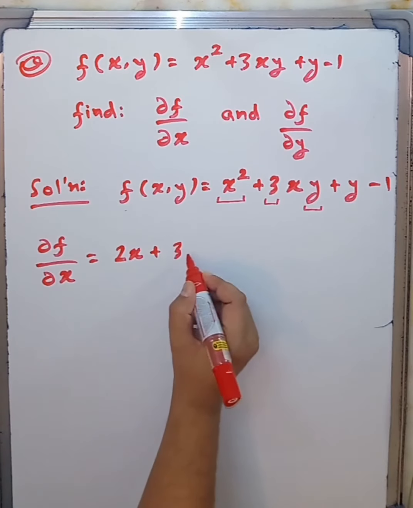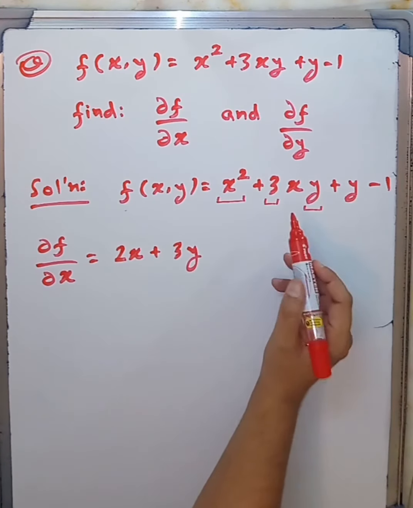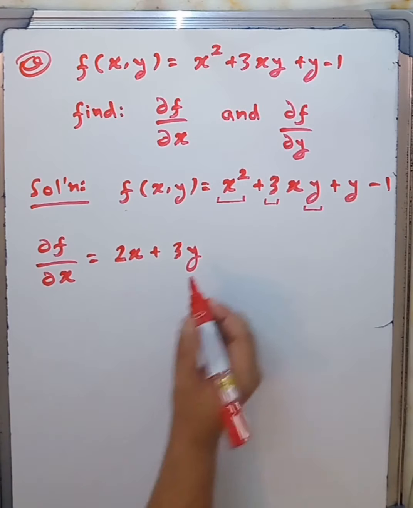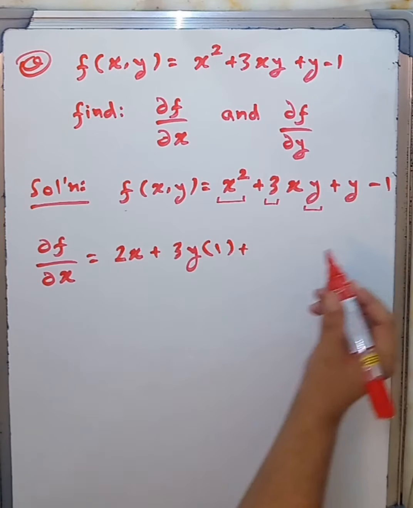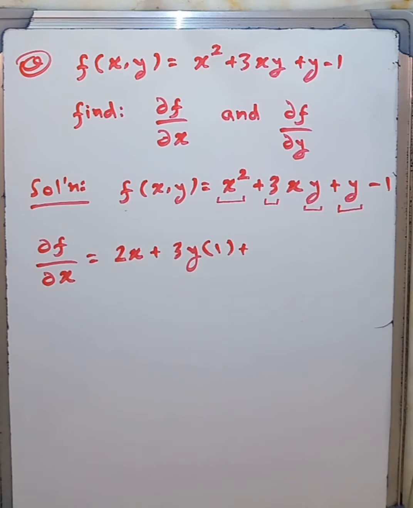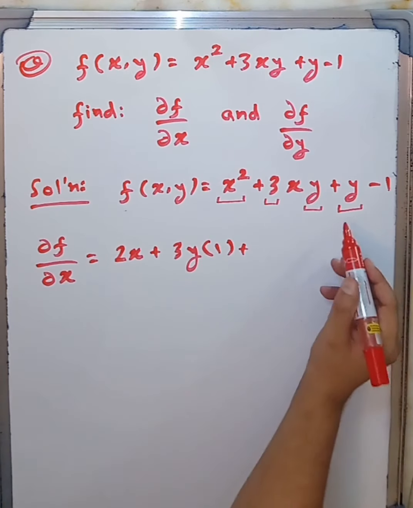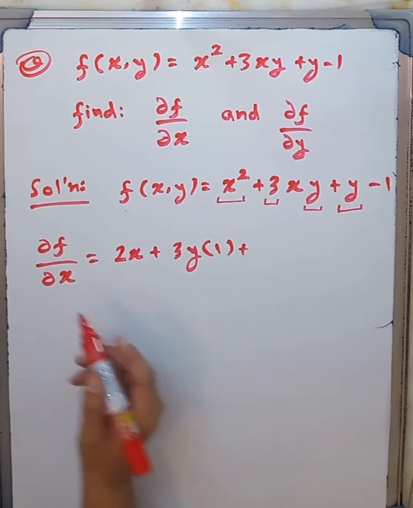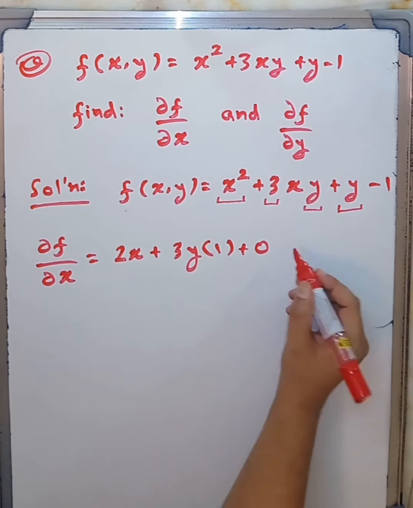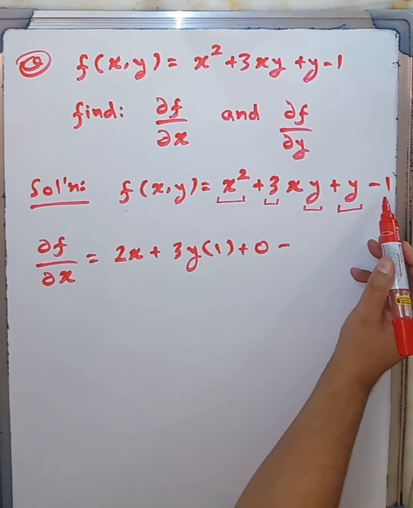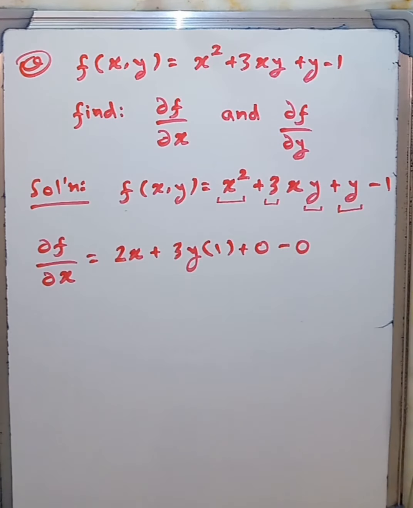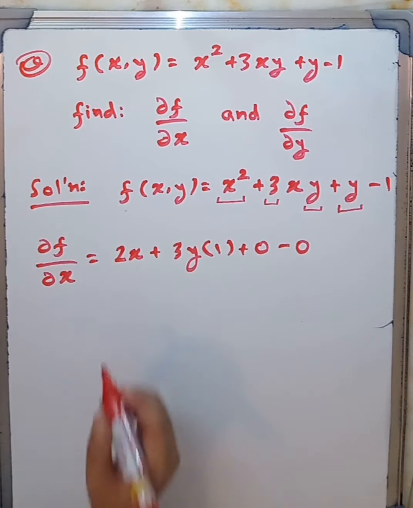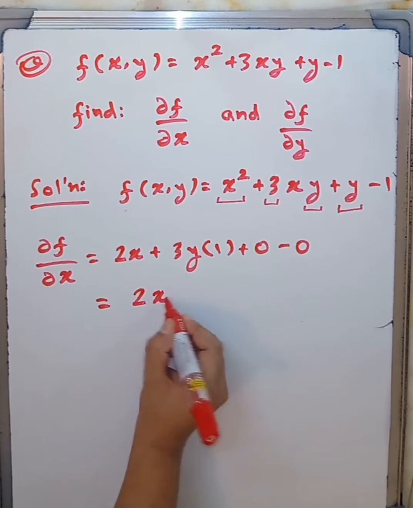So constant outside, and differentiation of x with respect to x will give us 1, plus y we are treating as a constant, and differentiation of a constant with respect to x will be 0, minus 1. This is again a constant, and the derivative of a constant with respect to x will again be 0, and therefore dou f by dou x will be equal to 2x plus 3y.